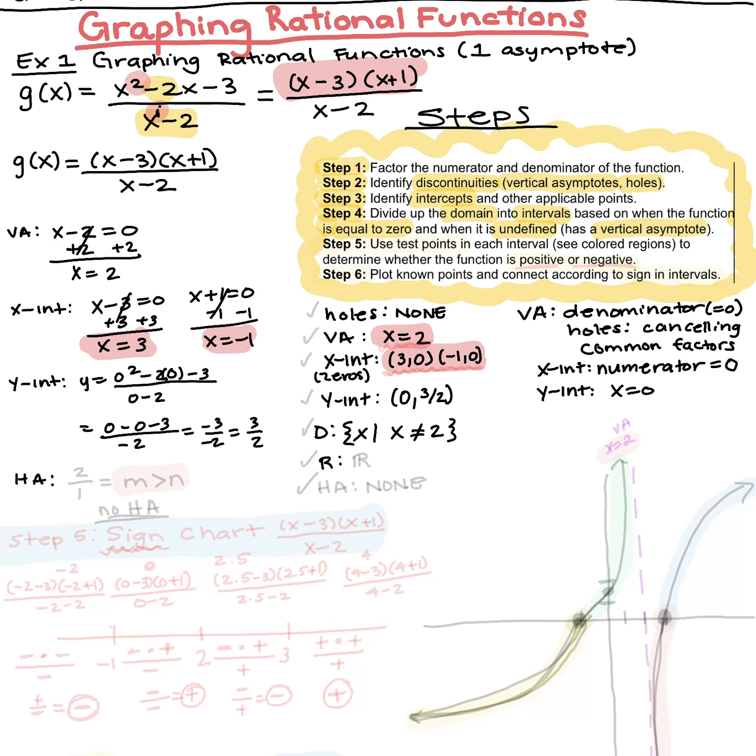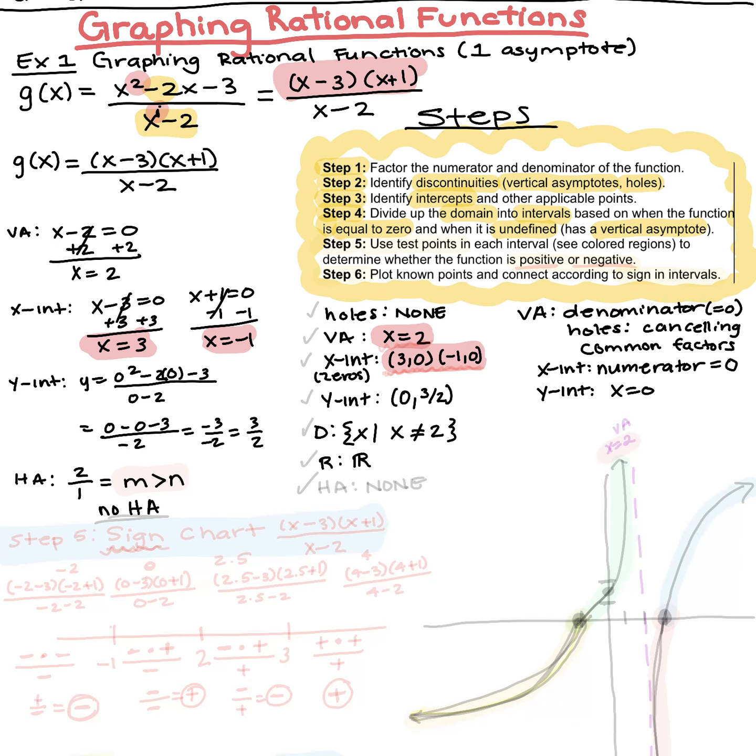So I'm going to have 2 over 1, which means that m is going to be greater than n, okay? And if m is greater than n, that means that there is no horizontal asymptote. So therefore, I'm not going to have any limitations on my range, and I can just say that it's going to be all real numbers, okay?